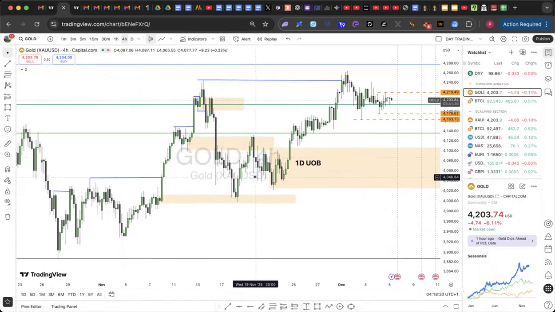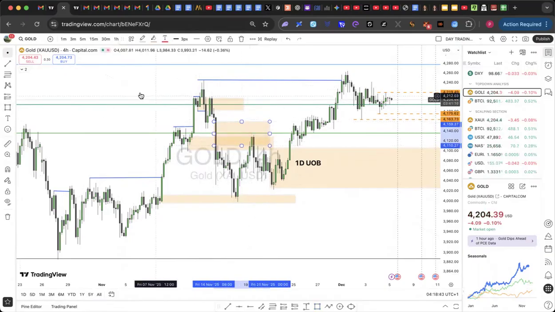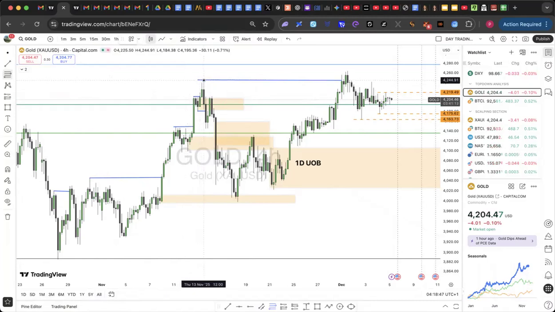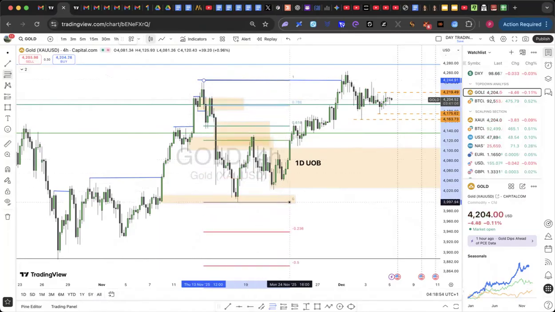All right. And if you now look at it, what does it work with? It works again, apart from the breaker block, something massive you probably wouldn't see is a massive fair value gap. So this massive fair value gap, and if you take even your Fibonacci retracement, from here to here, I think we have it at 50.